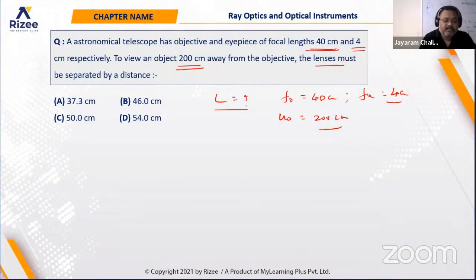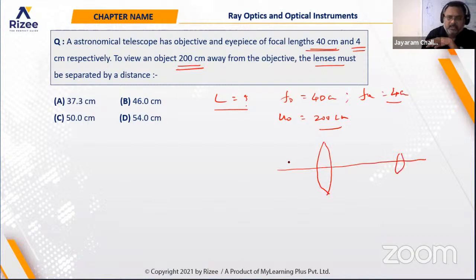Based upon this information, what we need to solve. If I take it further, you have the lenses like this. The first is the objective. Before the objective, there is an object at a distance of 200 centimeters. This is O. For that, I go for the normal lens formula, 1/v0 minus 1/u0 is equal to 1/f0.